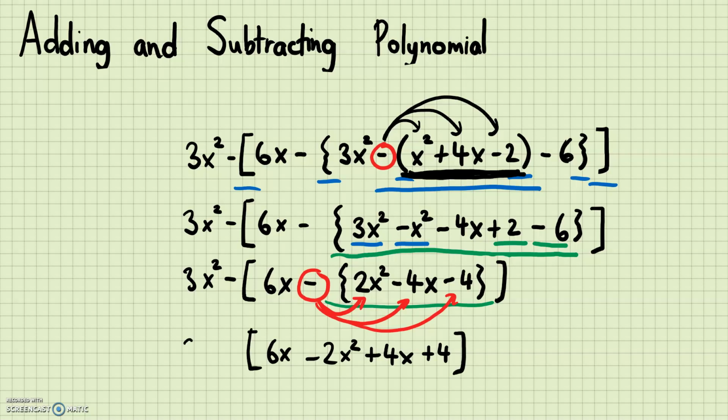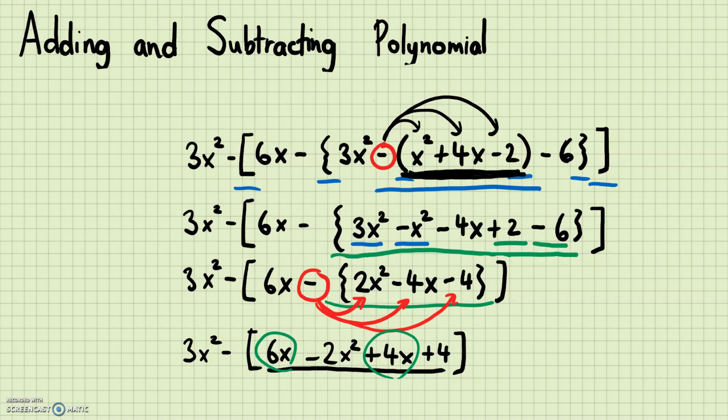Okay, and then we have 3x squared minus this. Right, let's see if we can simplify what's inside the parentheses. 6x is the same term as positive 4x, and there are no other like terms here. So let's combine the 6x and 4x.